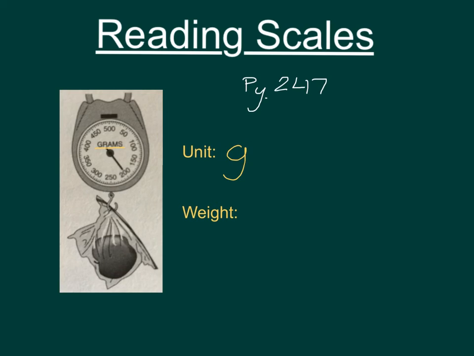In this case, I'm going to follow that arrow all the way down, and I'm noticing, oh, it's hitting that 200 mark. So if I were to read this scale, I would say the weight is 200 grams. So remember, no matter the scale you're taking a measurement from, you need to consider the unit and the weight or that number value you're seeing.